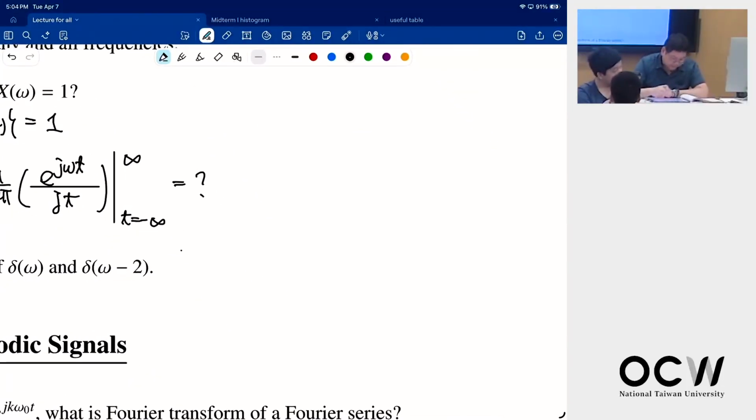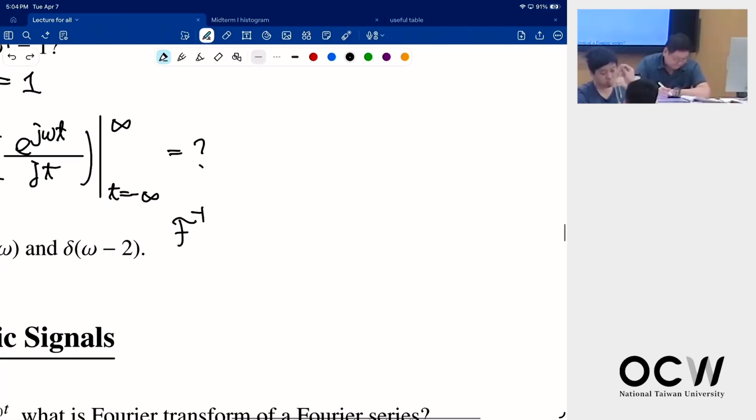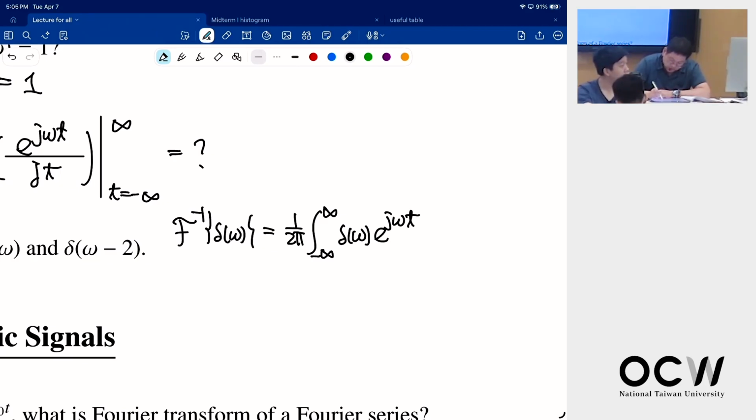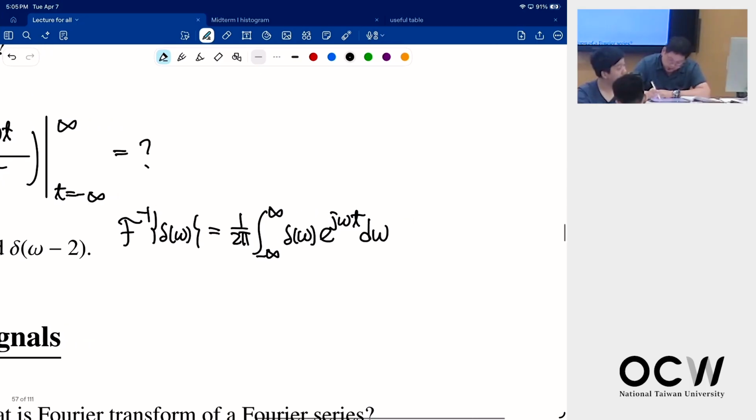So for the inverse Fourier transform, that's 1 over 2 pi, integral of delta function times e to the j omega t d omega. When omega equals 0, we have a value, so there'll be 1 over 2 pi.